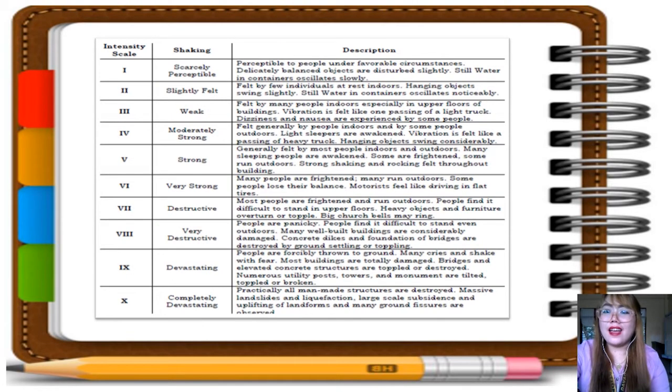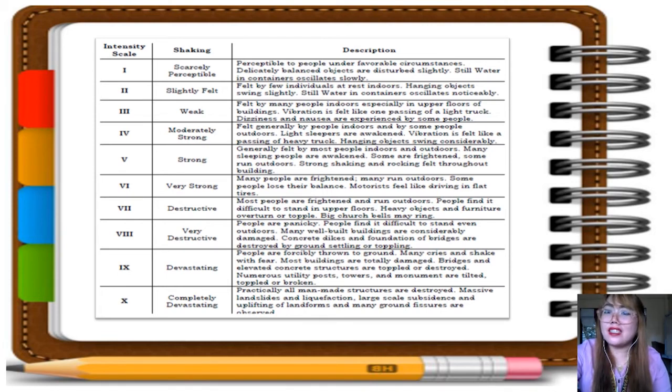Now, let's try to look at the intensity scale of an earthquake found on your module on page 11, and let's answer the following questions. What is the weakest intensity scale? Very good. It is the intensity 1.